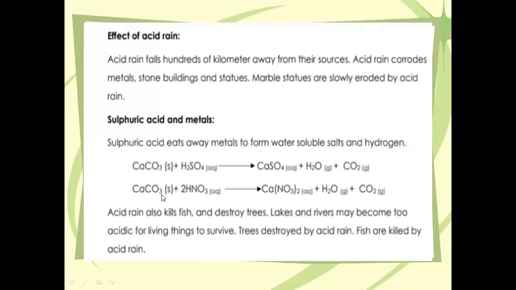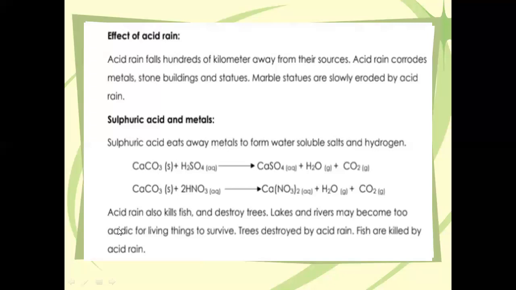The same is true when calcium carbonate or marble reacts with nitric acid; it will give calcium nitrate. You can see aqueous calcium nitrate dissolves in water and washes away with water. So it means that sulfuric acid and nitric acid wash out the calcium carbonate or corrode the statues and also the buildings which are made of calcium carbonate, or you can call it marble.